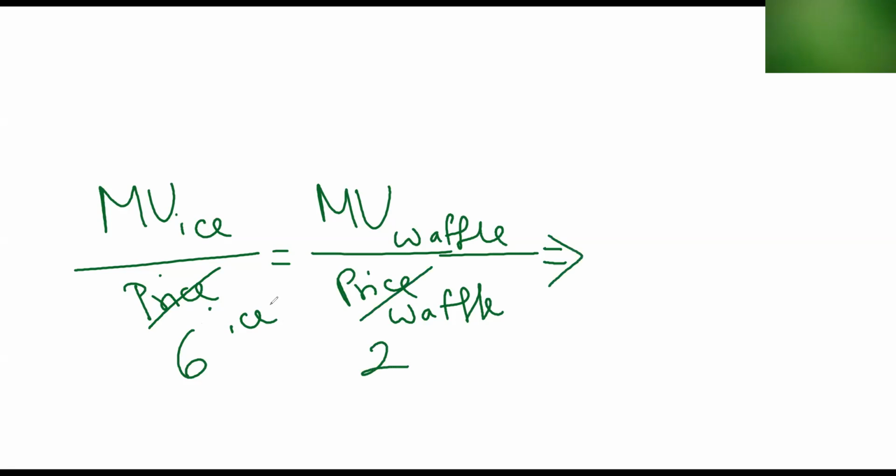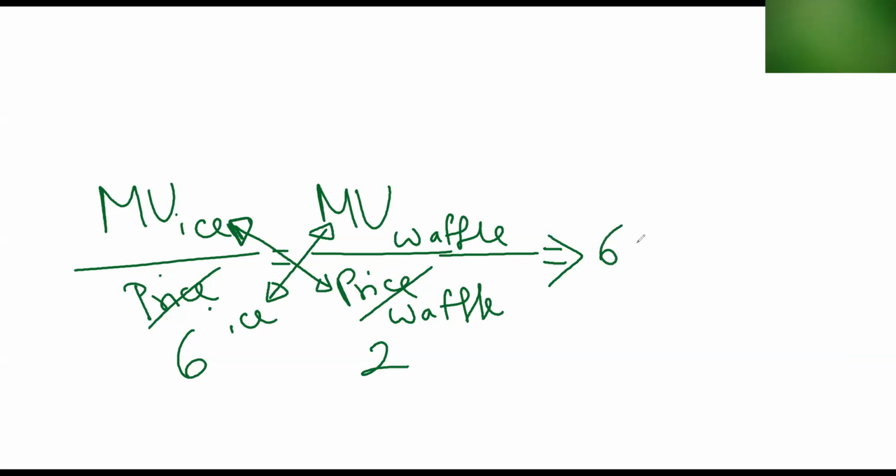And all you should do is to multiply your price by quantity here, because you do not have any numerical information on your marginal utilities, but you can tell what is the relationship between marginal utility of ice cream and marginal utility of waffle. And for that, I'm going to multiply the marginal utility of waffle by the price of ice cream. I will do the cross multiplication here.